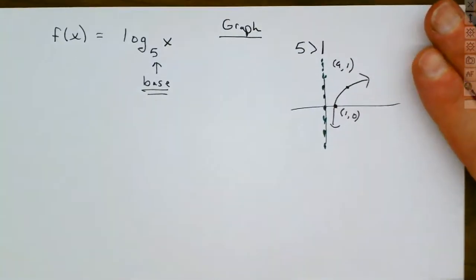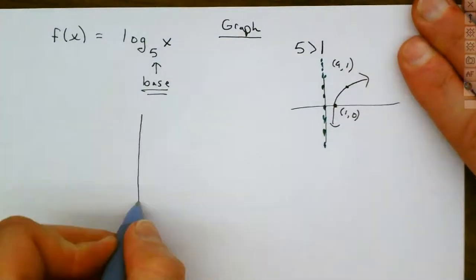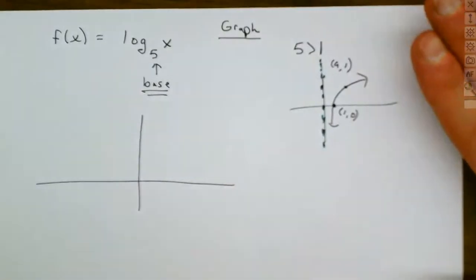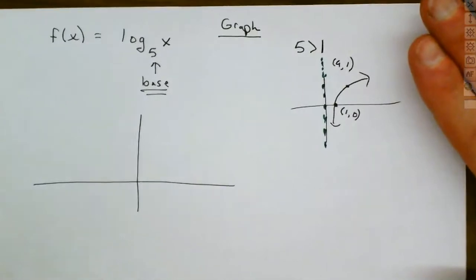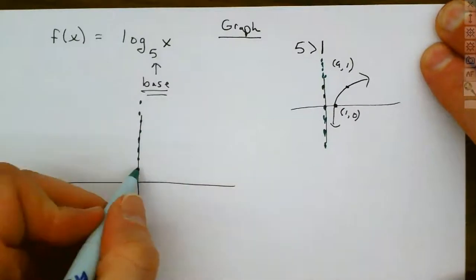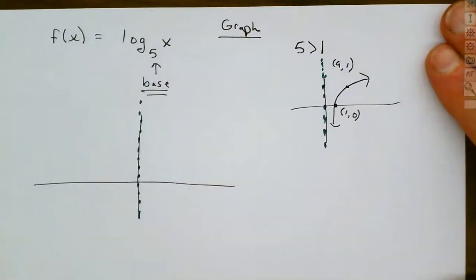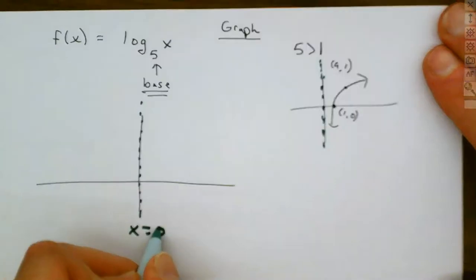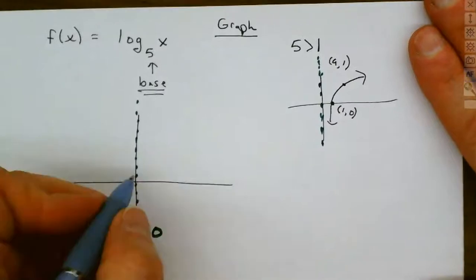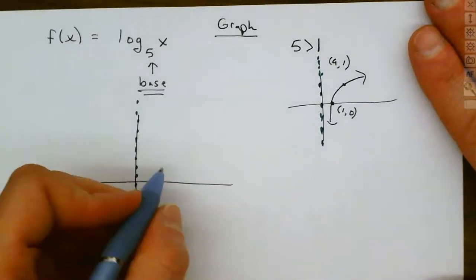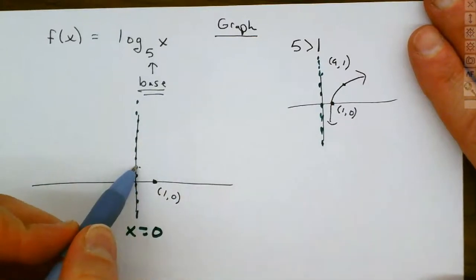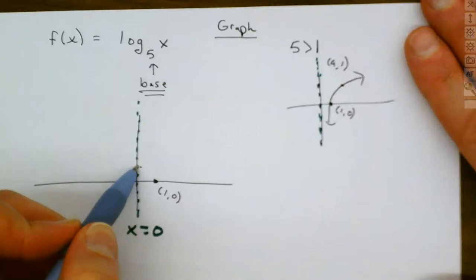Now, when I go to graph this, we know the picture's going to look like that. Are we shifting this graph up or down any? No. Is it being moved left or right? No. So that means my vertical line is going to be what? Right here at x equals 0. Now we fill in our points. So the first point is going to be 1, 0, and that's right here. Normally it would be 0, 1 up here, but remember, logarithms and exponentials are inverses.